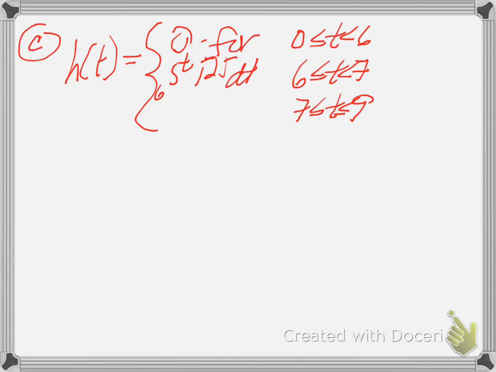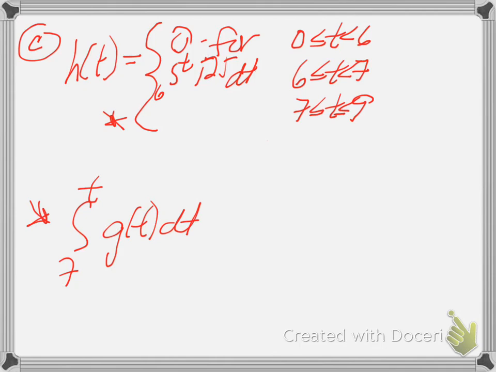The next part, I'm going to work over here, and then whatever I get, I'm going to put up here. Now we have to go from 7, but it's not from 7 to 9, it's from 7 to t up until 9. So how much will be removed? It's going to be g of t dt again, but how much did she remove before that?